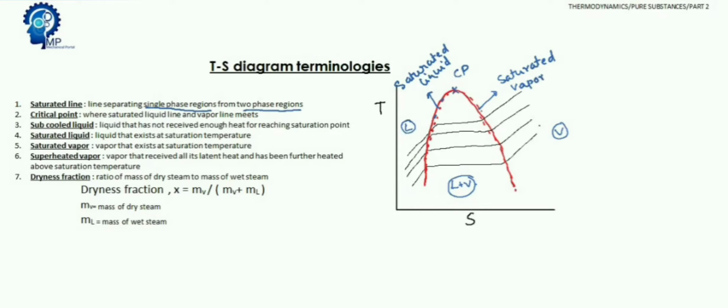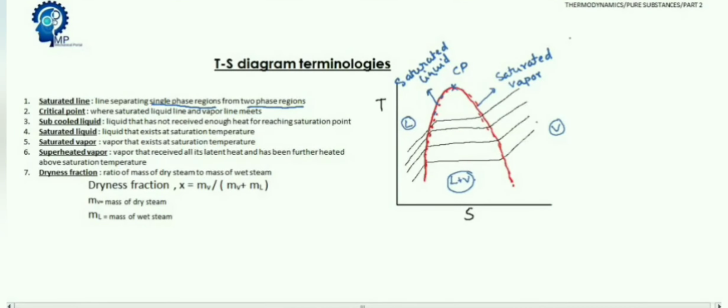We have another saturated vapor line, which differentiates vapor and the liquid plus vapor mixture. Also, the critical point is the point at which liquid directly changes to vapor. There is no liquid and vapor mixture at the critical point. The critical point for water is 374 degrees Celsius. So at 374 degrees Celsius and a pressure of 22 megapascal, water directly changes to steam.